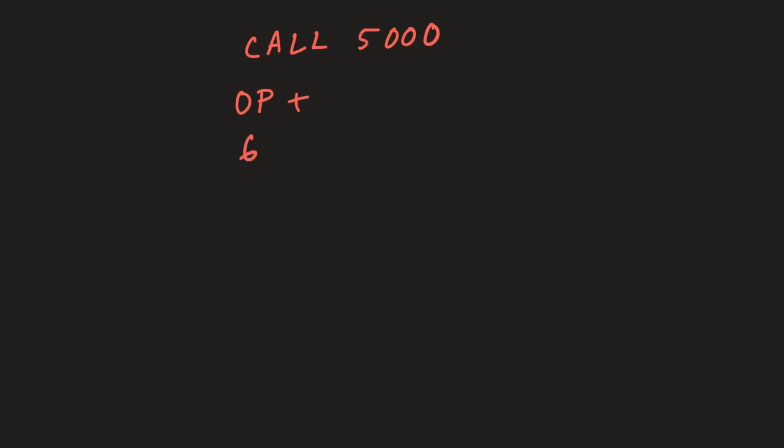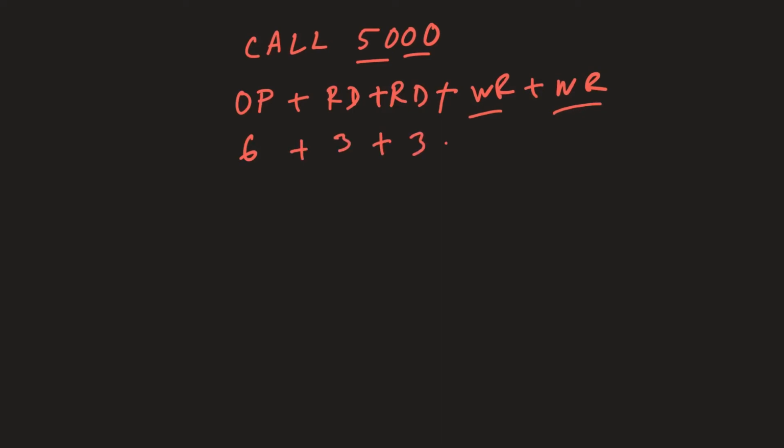And after that, it will have 2 read cycles to read the address, and it will require 2 write cycles to store the content of the program counter in the stack. As the program counter is 16-bit, that's why 2 write cycles are required. If we calculate the total number of T states here, it will be 18. This is the highest number of T states that an instruction can have in 8085.